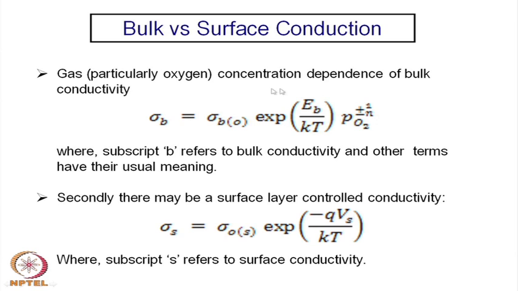But the most important aspect to note here is that for any oxide there is a partial pressure dependence. So, partial pressure is controlled by the environment. The oxygen potential is also controlled by the presence of other gases in addition to oxygen. Well, in air you have only oxygen and nitrogen, so no other gases influence the PO2, but if there is some hydrogen, some reducing gases, the PO2 of the surrounding atmosphere will change, and therefore that has a bearing on the bulk conductivity of the oxide.